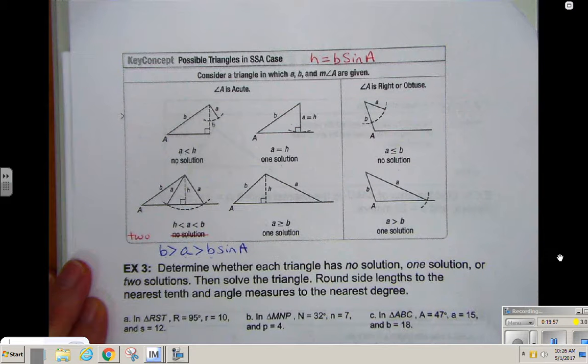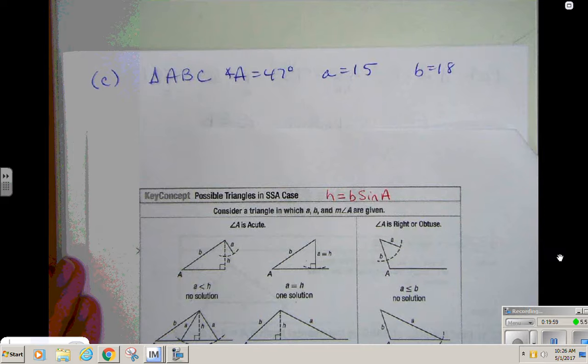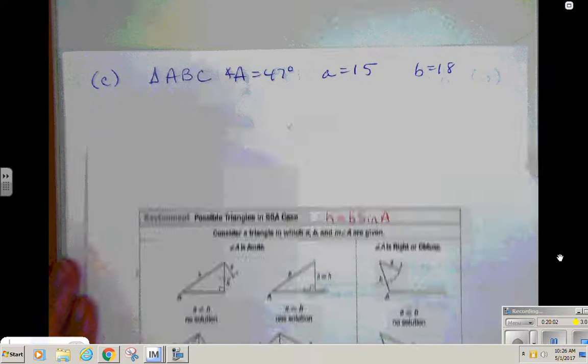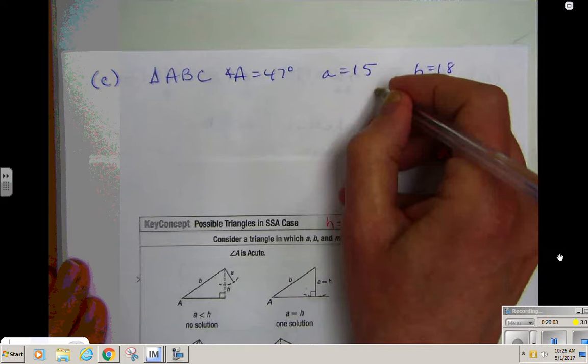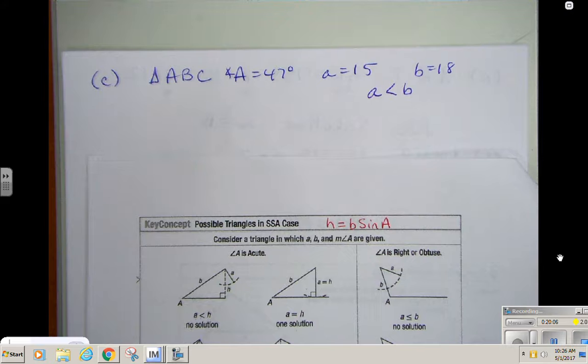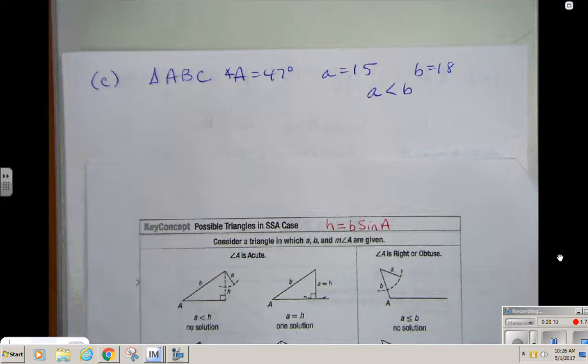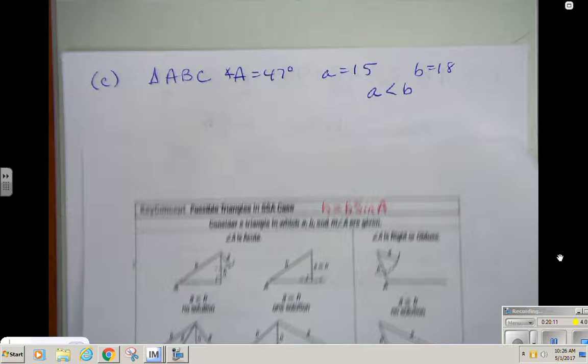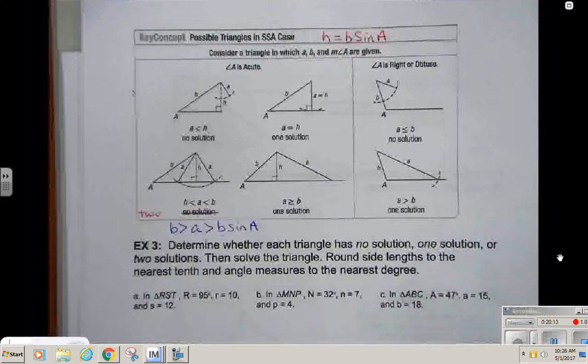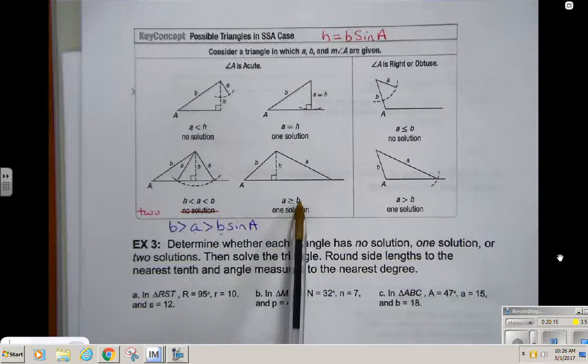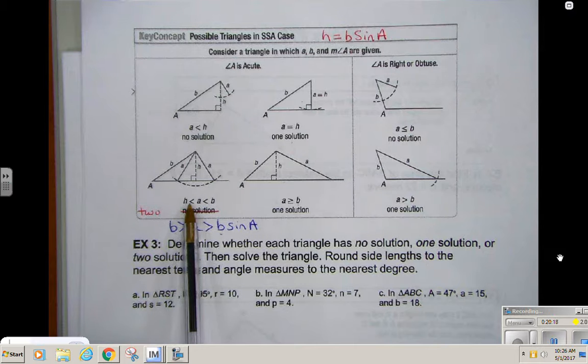A is less than B. On this one, they're actually giving us A, B, and C, which is kind of nice. So A is less than B. The only scenario that works with this is the third one.